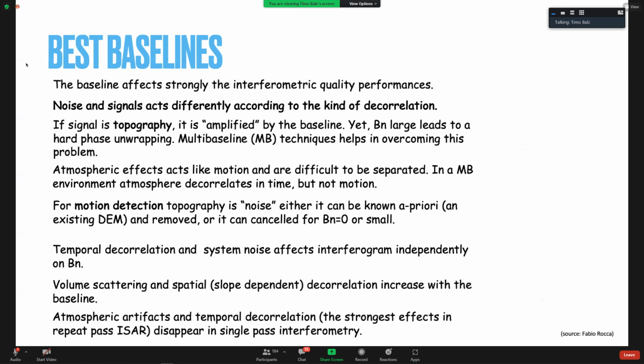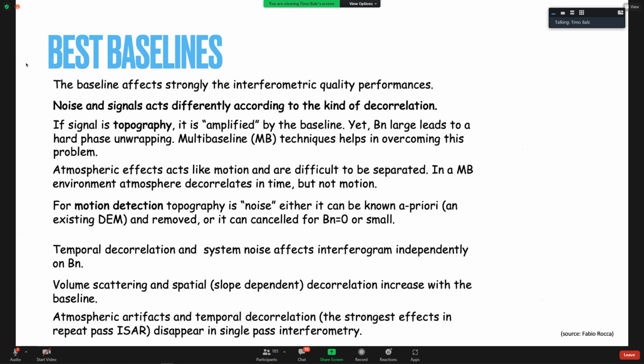Important is, because you also asked for a rule of thumb, we need to be far away from the critical baseline, and the baselines that are good or common also depend on the wavelengths of your system.